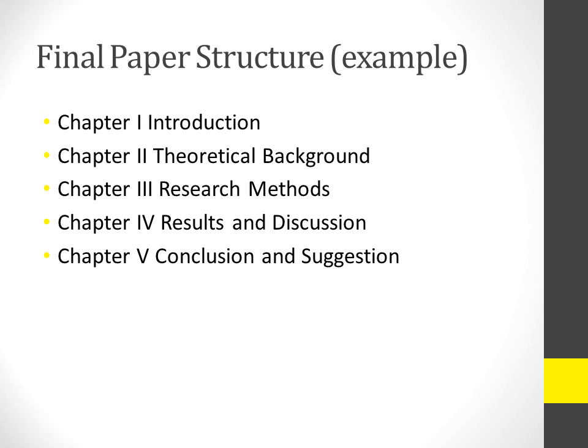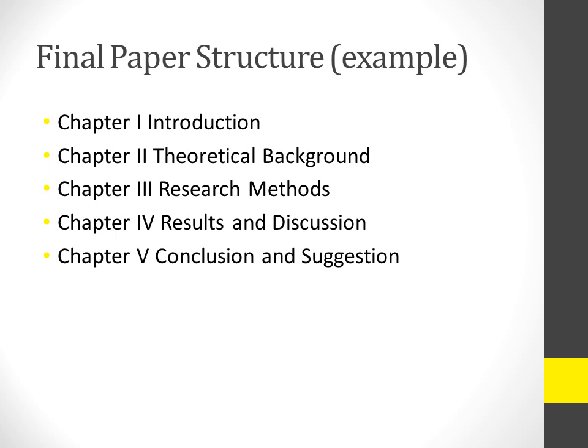Here is an example of a research paper, and this is taken from the guideline for the final paper in our department. It consists of chapter 1, introduction, and we can see here that the previous studies or identification of the gap is included in the theoretical background.